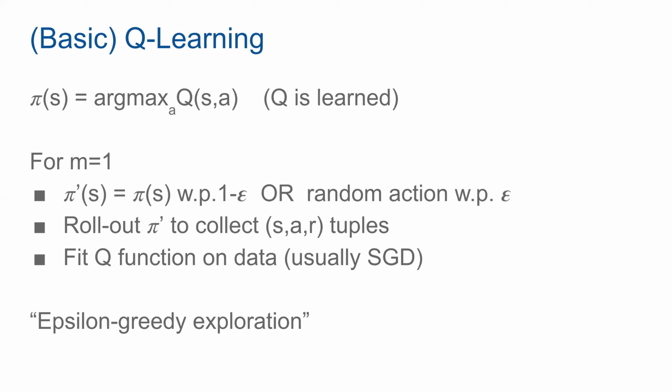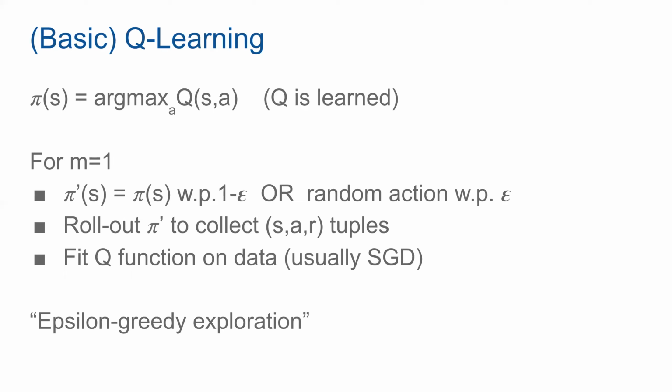And so the basic Q-learning algorithm is specified below. During training, we have this policy that does exploration. I'll call that pi prime. That's the first bullet point. What pi prime does is it takes the action of pi with probability 1 minus epsilon, and it takes a completely random action with probability epsilon.